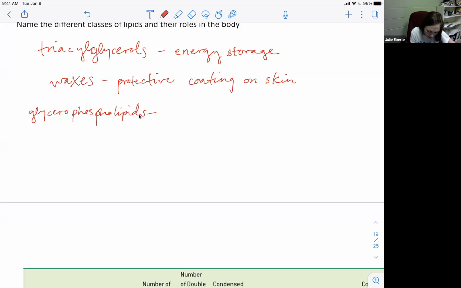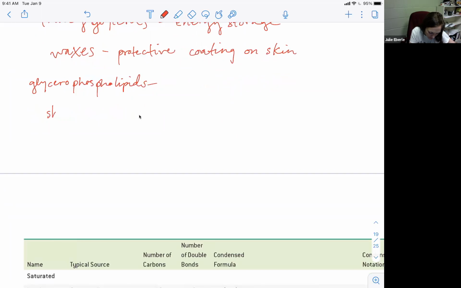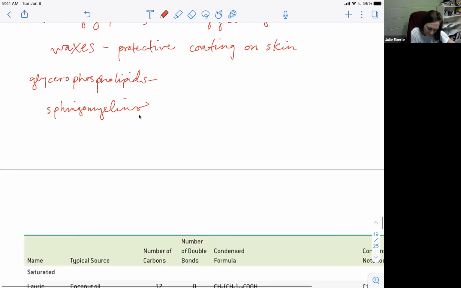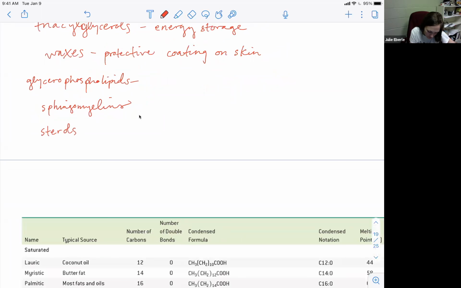Glycerophospholipids. You guys remember what they do? Sphingomyelins. Sterols.